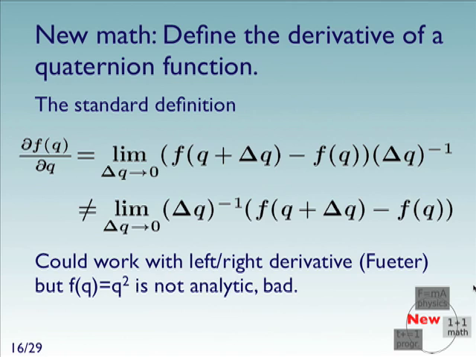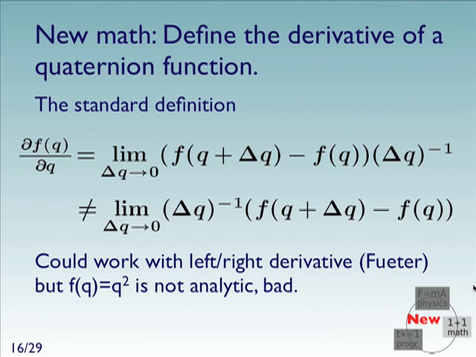We can define a derivative of a quaternion function. Here is the standard limit definition. You can write that little differential element on the right, or you can write it on the left, and the problem is that they're not the same.